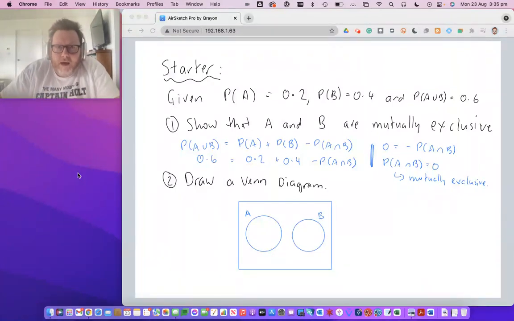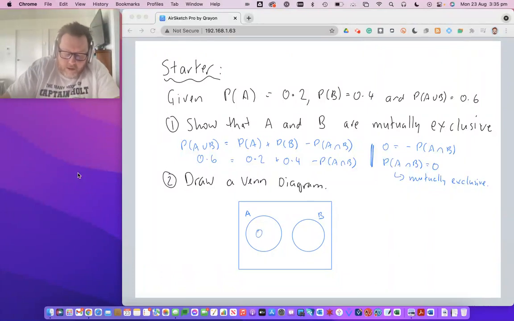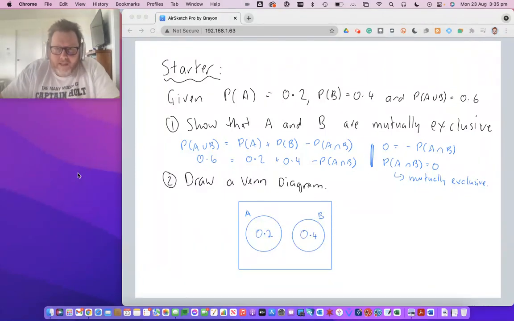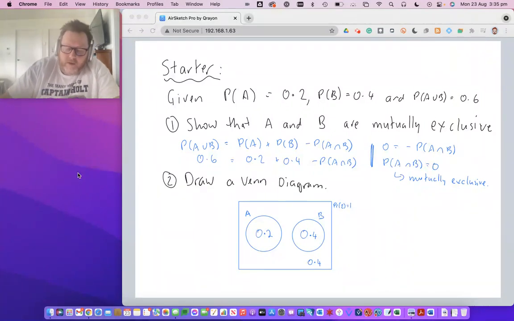The probability of A is 0.2, so there's a big old 0.2 in there. The probability of B is 0.4, so I'll put a big old 0.4. Now that makes 0.6 in total, which means the probability of neither A nor B is 0.4 out here as well. And the probability of the universal set, as usual, equals 1. And that's our Venn diagram, with no overlap because they're mutually exclusive events.